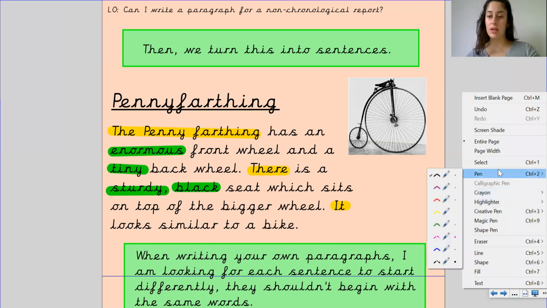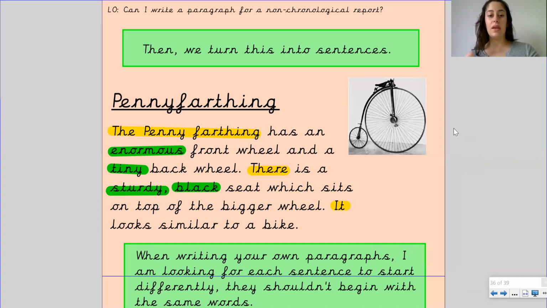So your challenge is, when you are describing your own invention, out of the ones that we've shown you, or describing any other item that you may want to describe, please remember to challenge yourself by not repeating the same beginning of each sentence. And remember, we don't start a sentence with and.